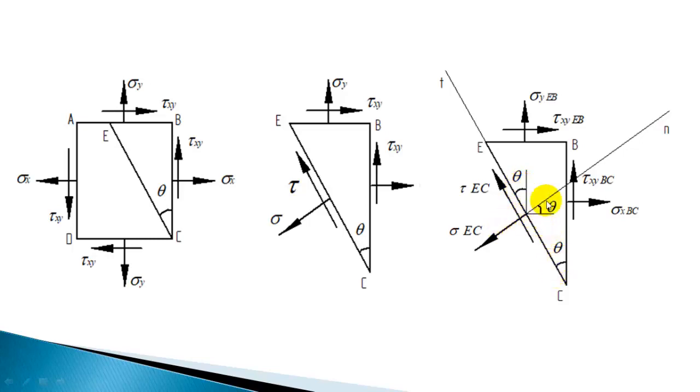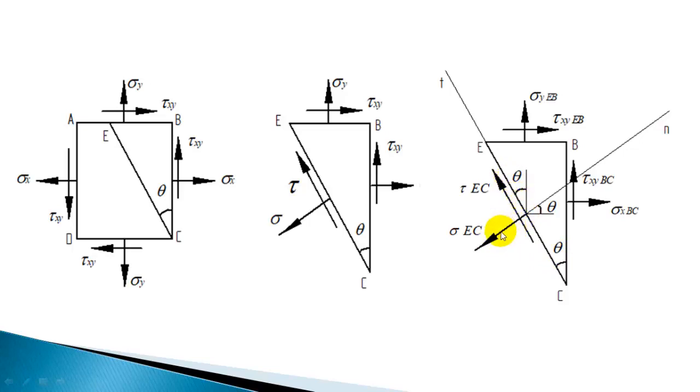Now we will resolve all the forces. We understood the forces acting on this element. These forces induced on this section will be keeping the element in equilibrium. So to maintain the equilibrium of this element, so much force is induced.